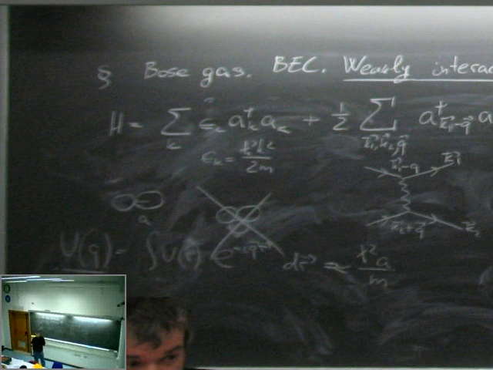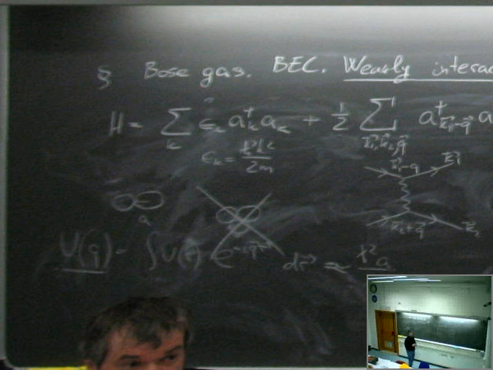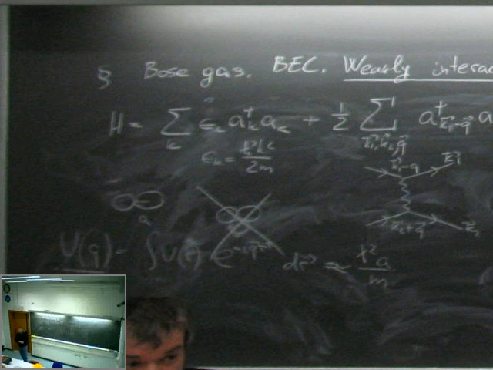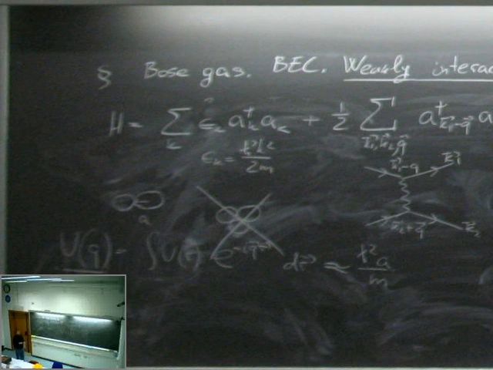So if you have a low density, then the metal becomes bad and worse, and at the end of the day, you come to something which is known as Wigner crystallization, for example.